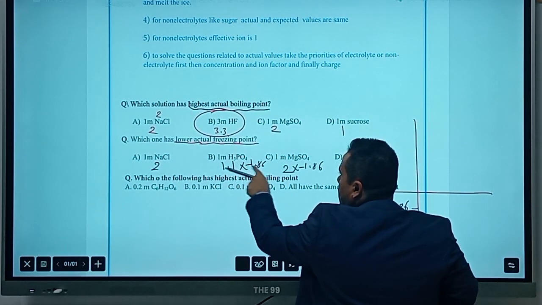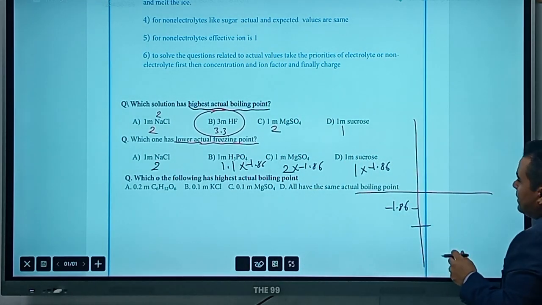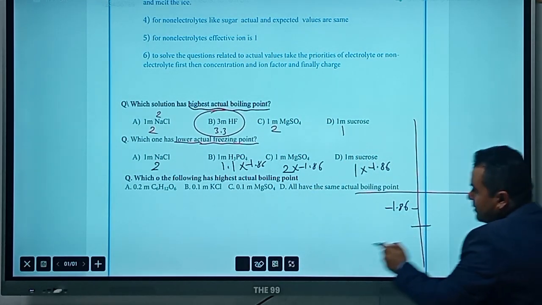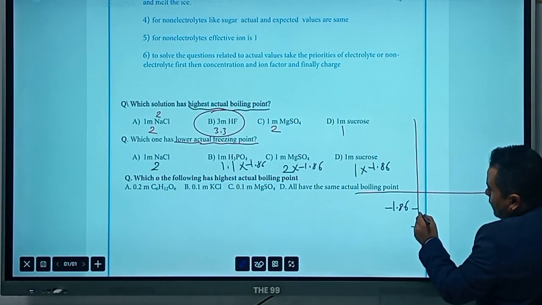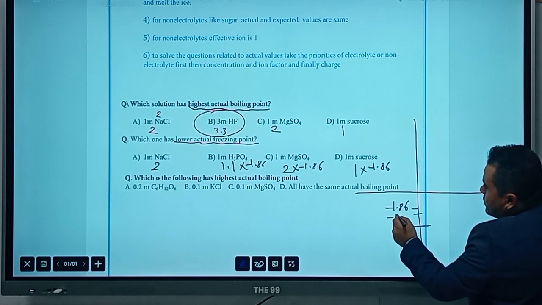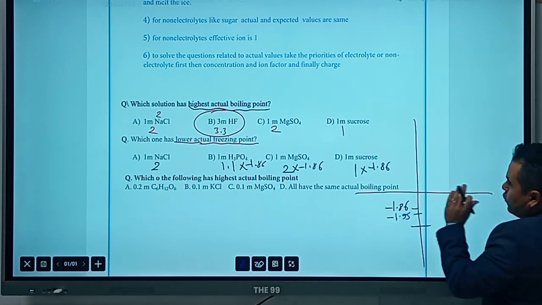The phosphoric acid will be a little bit lower than this value. Suppose it's minus 1.95, I don't know.